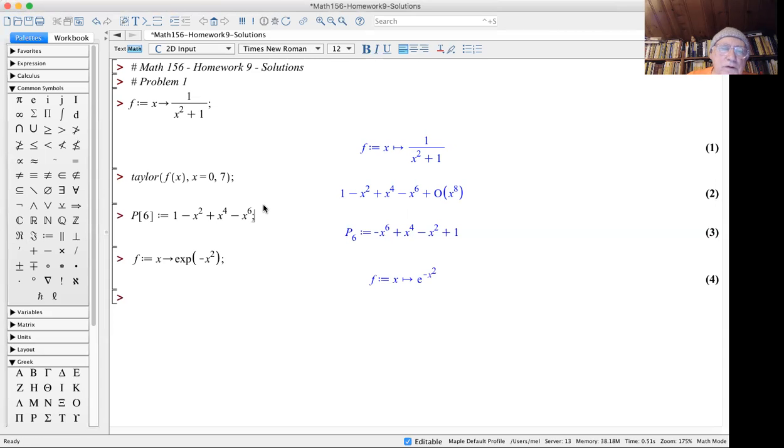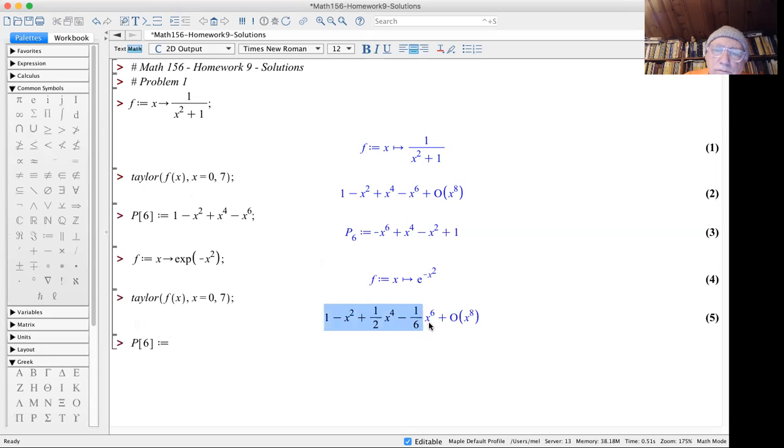Yep, that's the function. And the command is exactly the same. So in this case, my Taylor polynomial of degree 6 is equal to this.